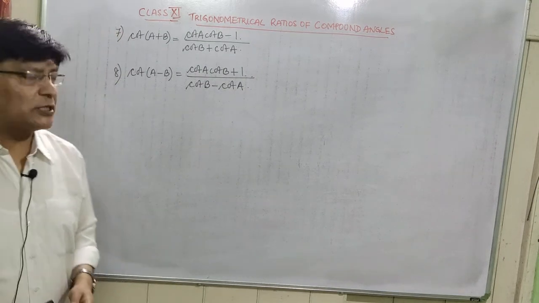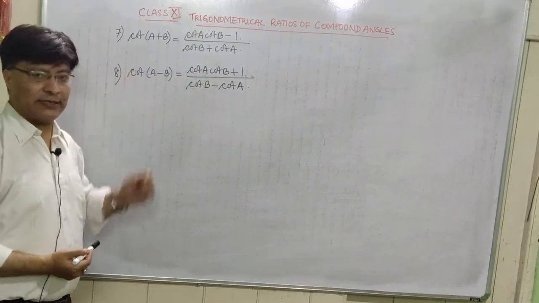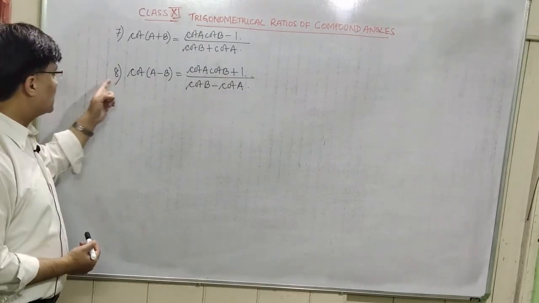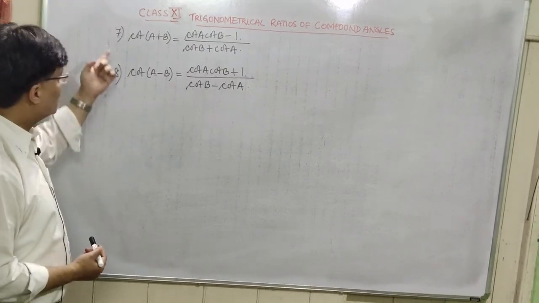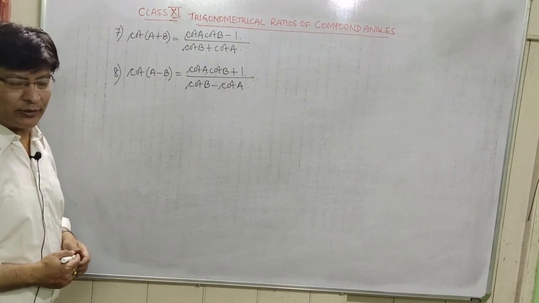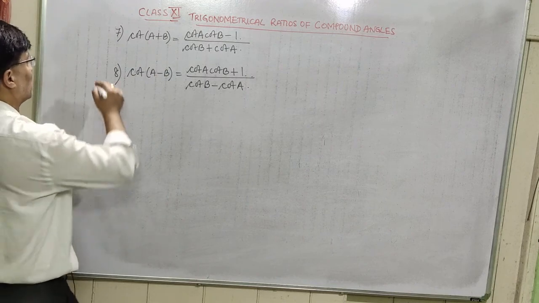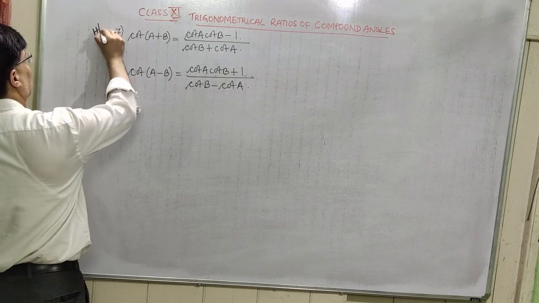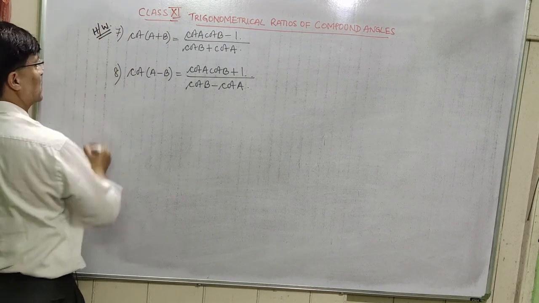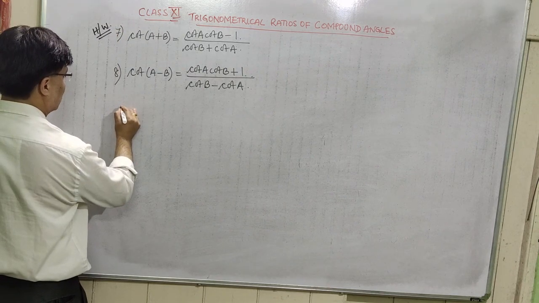So now let us prove this formula number 7 and 8. So let us prove this number 8 here. So this 7 is your homework. Right. So let us prove this 8.